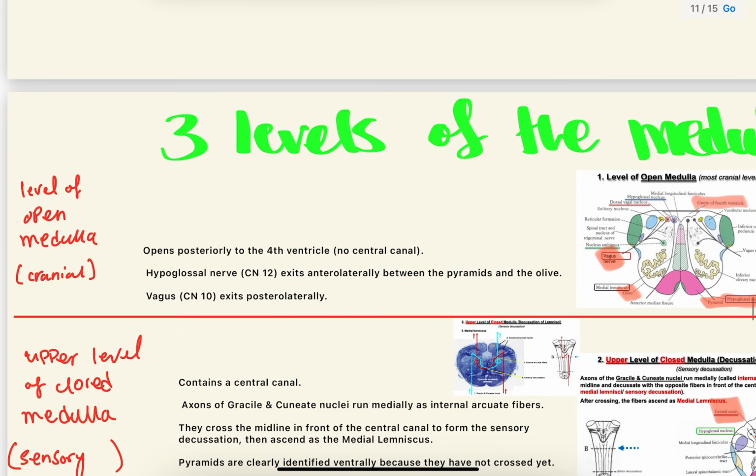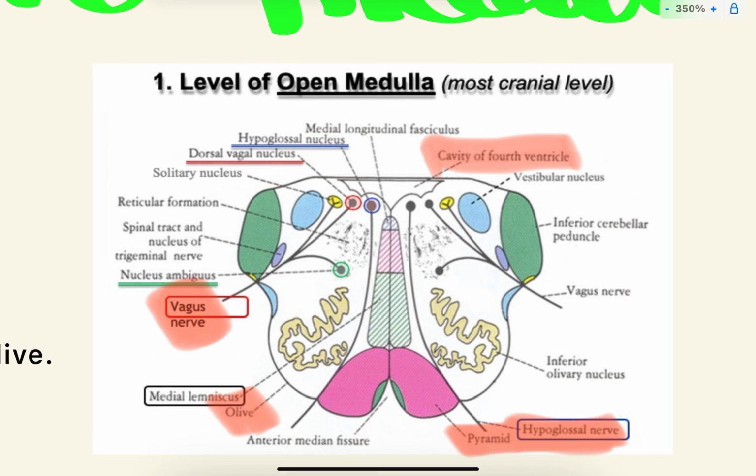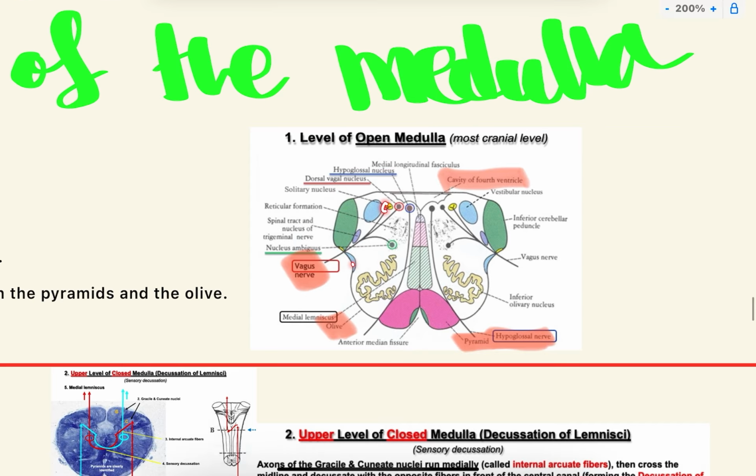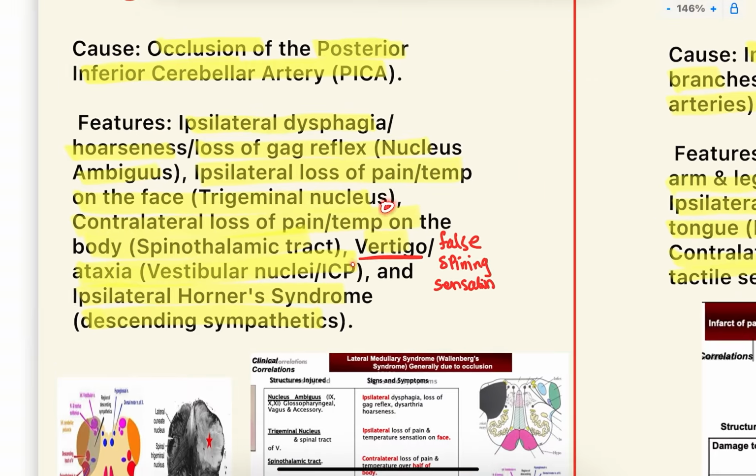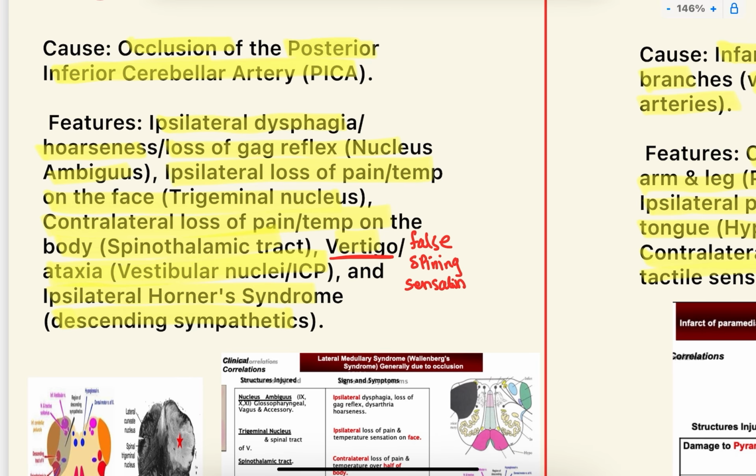Let me see if it's appearing here. The spinothalamic. Yeah, spinal tract and trigeminal will be here. Nucleus ambiguus will be here. Vagal will be here. And the hypoglossal will be here. And the solitary also will be here. Yeah. And the vertigo because of the vestibular, and ipsilateral Horner syndrome because of the descending sympathetic.